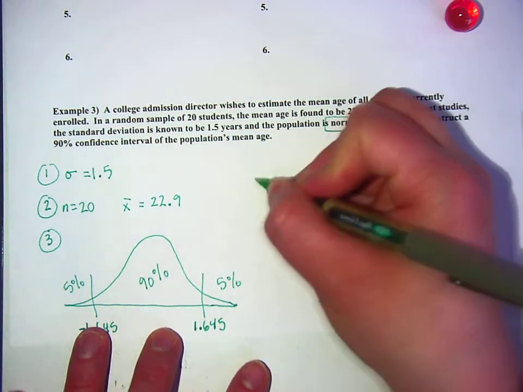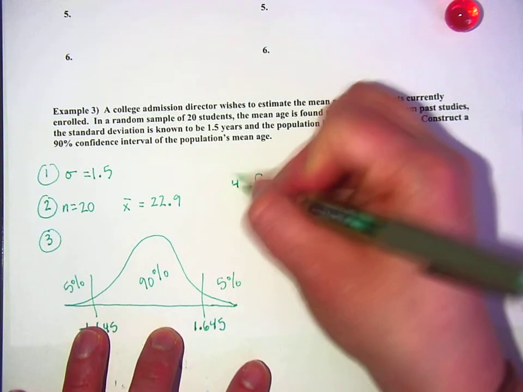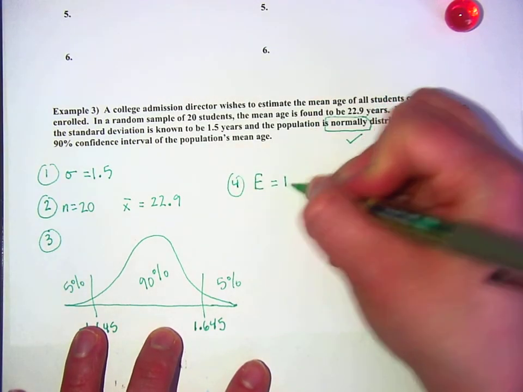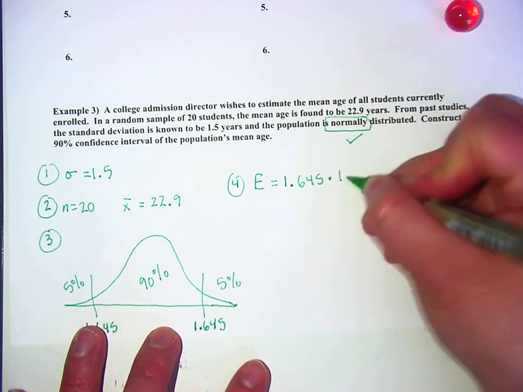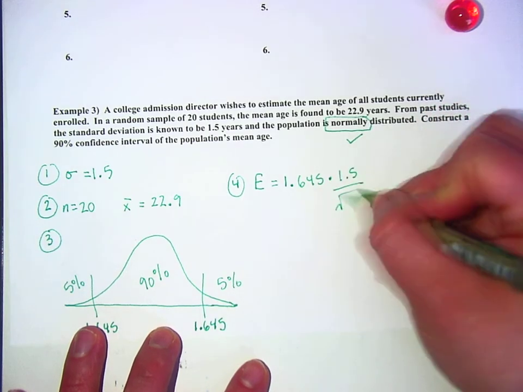All right, so now we're going to figure out the error for step 4. This time we're using, remember, always use the positive, 1.645 times sigma divided by the square root of n.